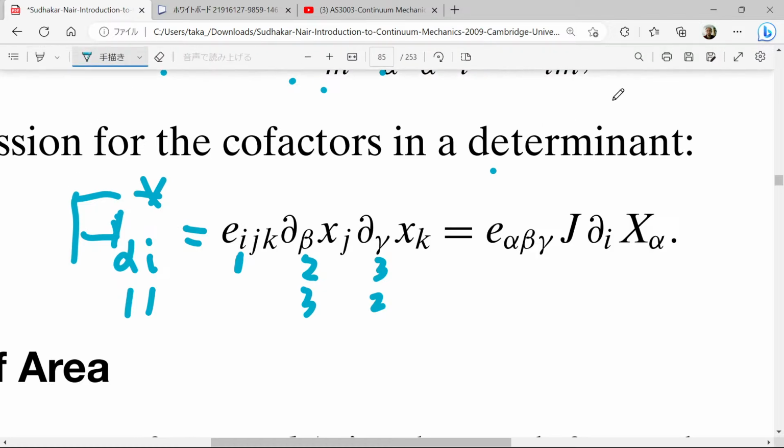See, actually, I don't remember the sign of cofactor.